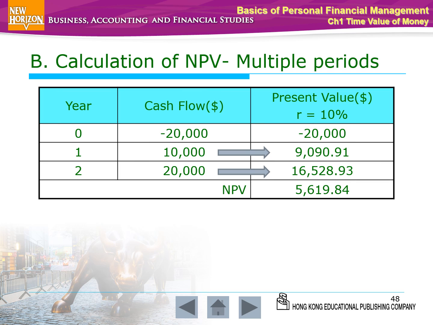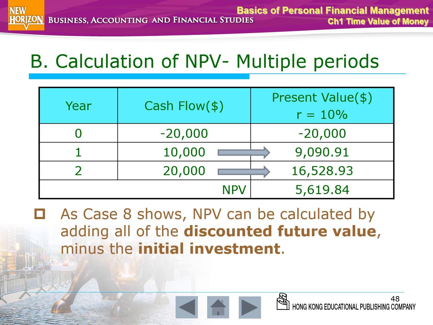Using the table to calculate the net present value, we can use this form. Year 0, negative $20,000. First year, cash flow $10,000. Year 2, cash flow $20,000, to become 9,000, 6,000, and so on. We sum up all these figures and become a positive figure, 5,600.